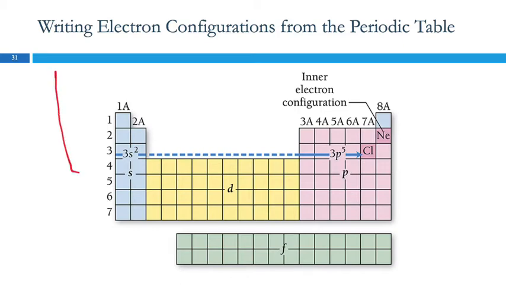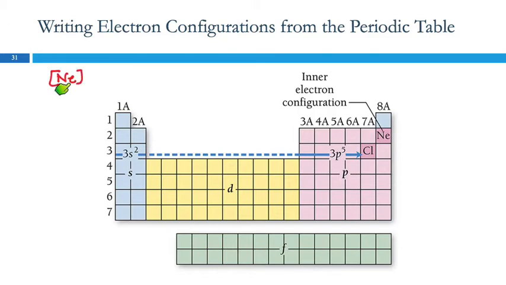Here, let's do a noble gas shorthand for chlorine. So here's chlorine, and if we're going to use the noble gas shorthand or the inner electron configuration, here's my chlorine. I go up and all the way to the end to find the previous noble gas. And so I write that guy down with brackets.